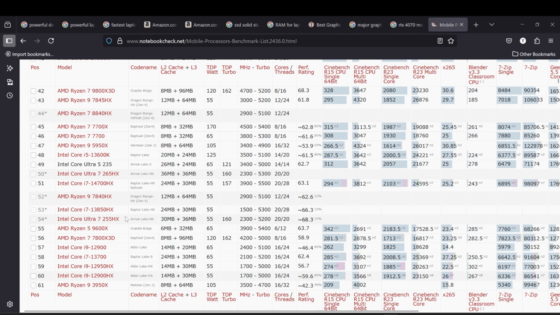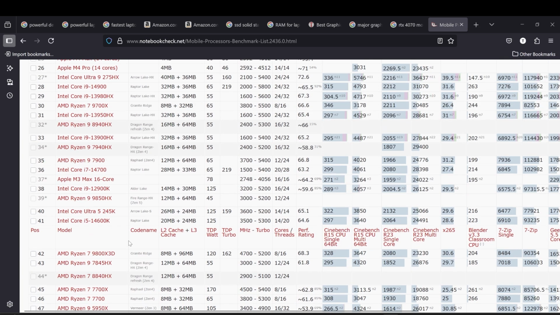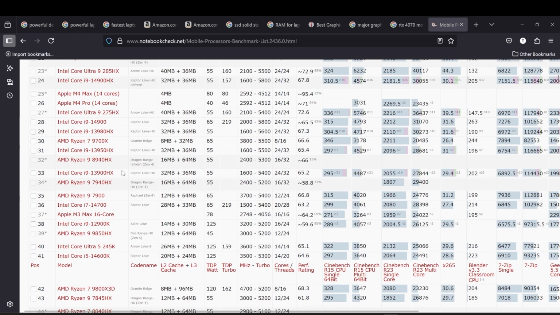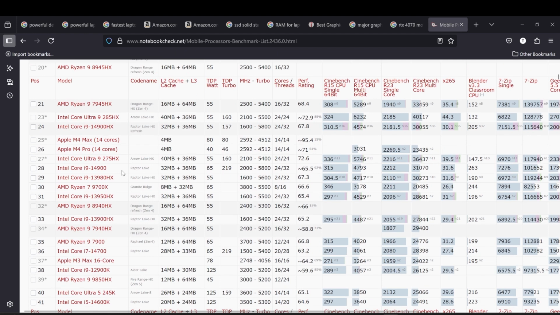Beside these two, I would also like to tell you about the Ultra 7 and Ultra 9, which are really newer processor designs. These two versions use significantly less energy. I love those. I have been using Ultra 9 for like 8-9 months right now, and I'm really happy with it.